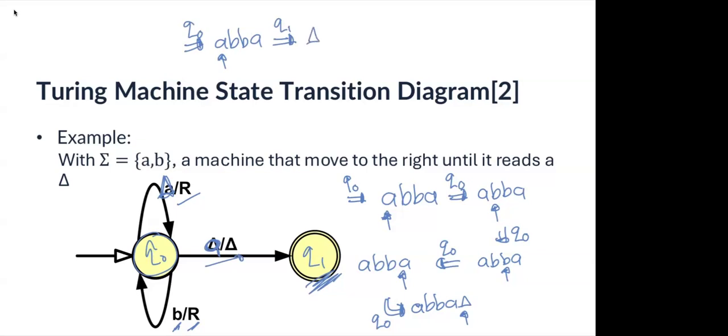Then we have delta BBA, and the head is still on the first symbol. But because we already reached the halting state, the machine stops and will not go to error. Okay, does it make sense? Is there any question?